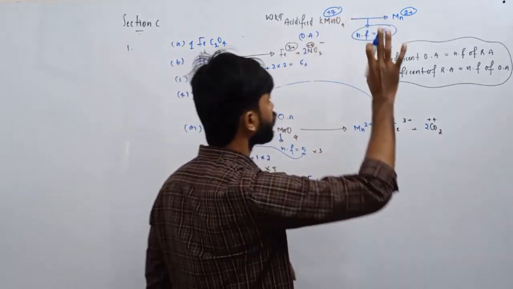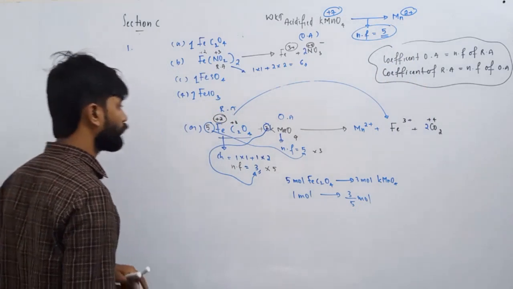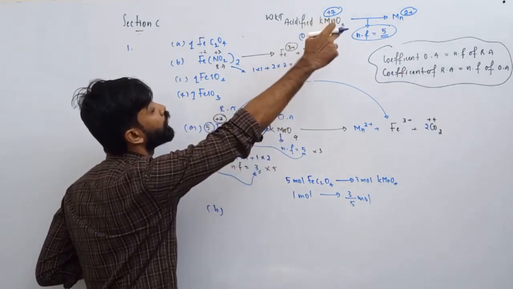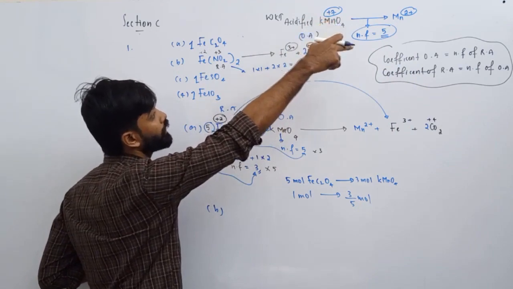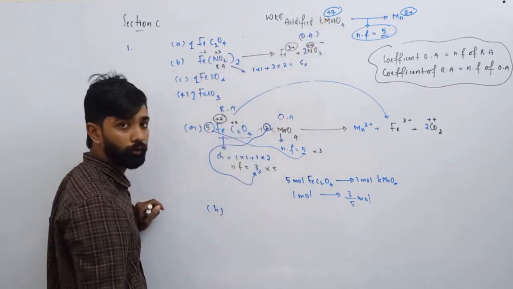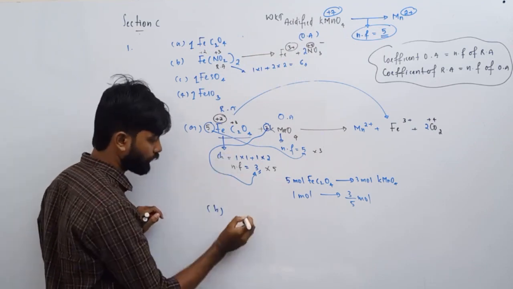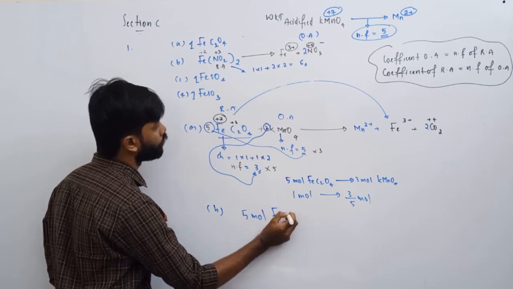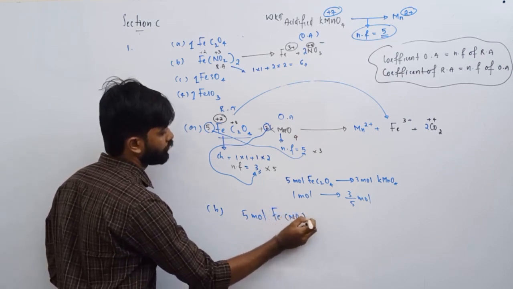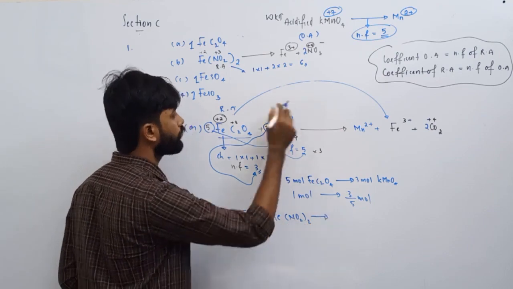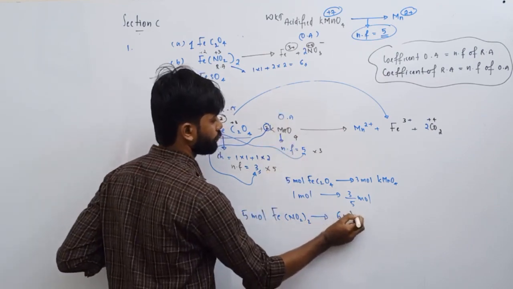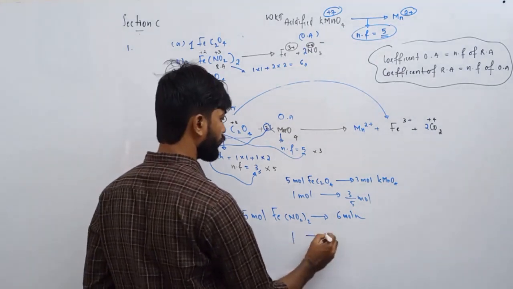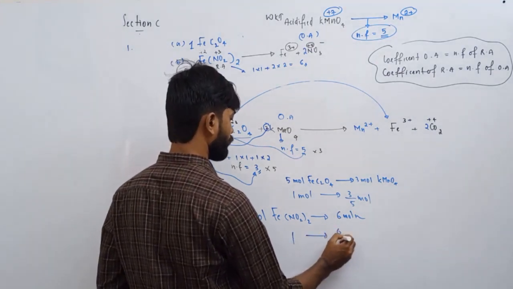We know that the n factor of the oxidizing agent KMnO4 is always 5. So this 6 is the coefficient of MnO4 and that 5 is the coefficient of ferrous nitrite. So 5 moles of ferrous nitrite require 6 moles of KMnO4. Therefore, 1 mole requires 6 by 5.